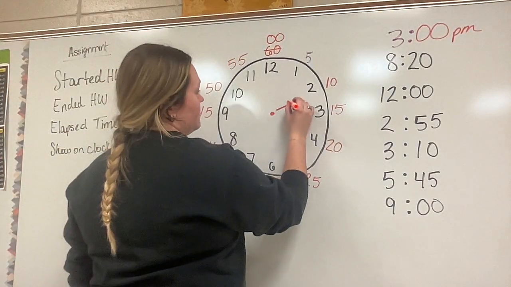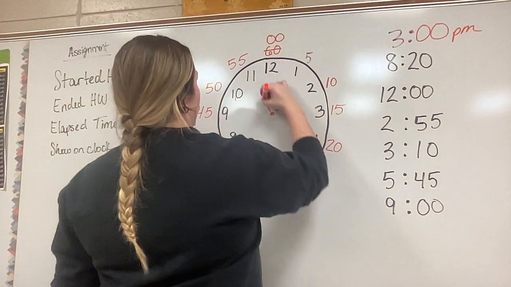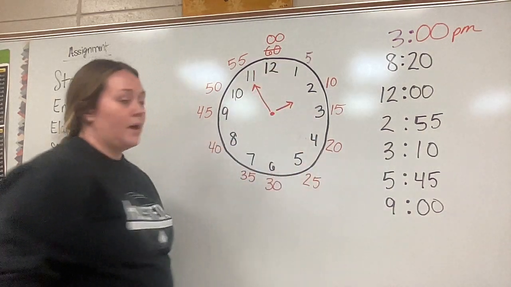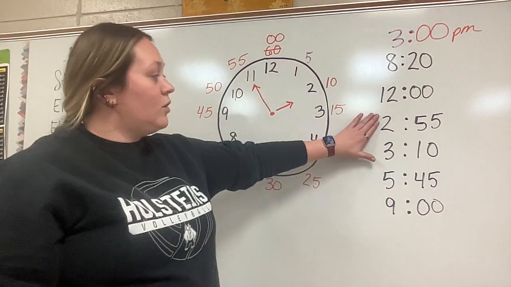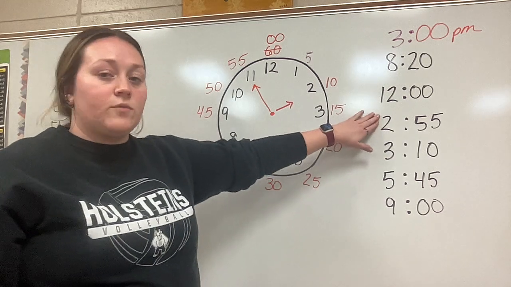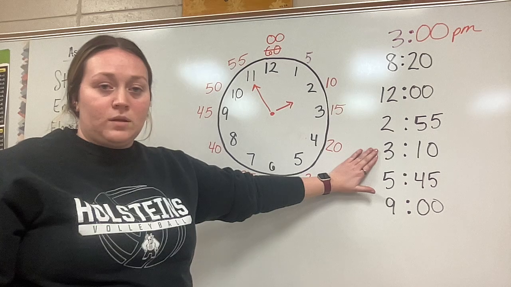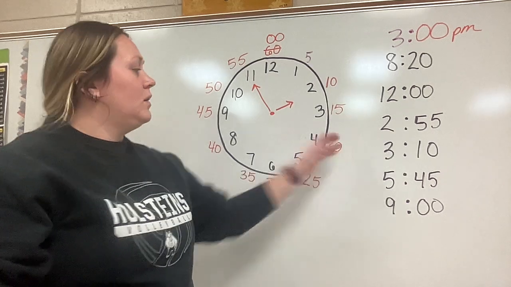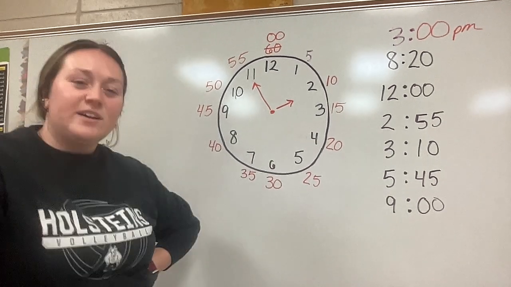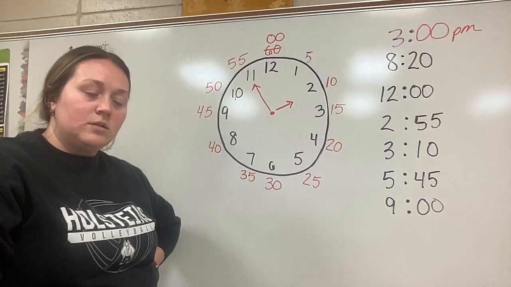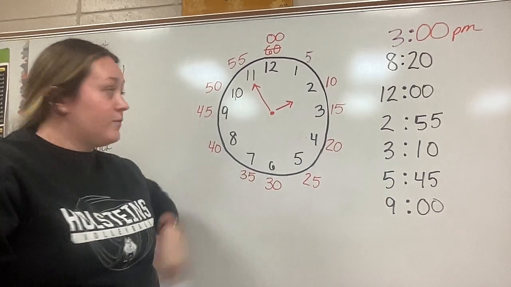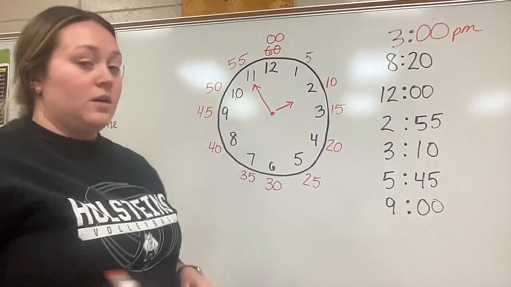So I've got the little 2, and I've got 55. Okay? I want to know how many minutes pass when I go from 2:55 to 3:10. Okay? Does an entire hour pass during this time frame, going from 2:55 to 3:10?